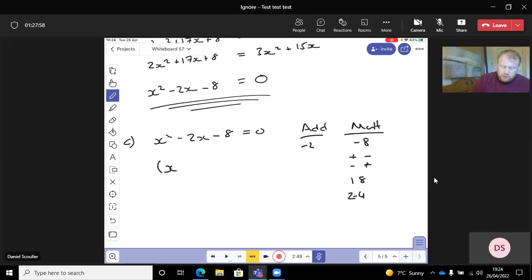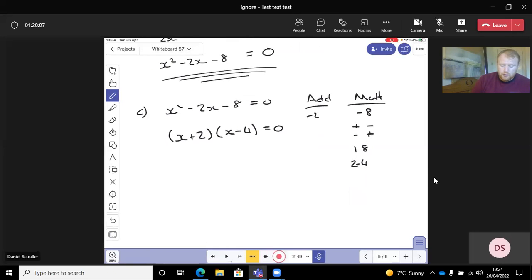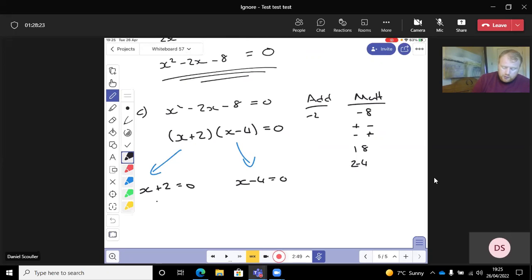It's got to be our factors. Remember when you get it to that stage, what you can do is split that up, and it gives you the two solutions to that expression.